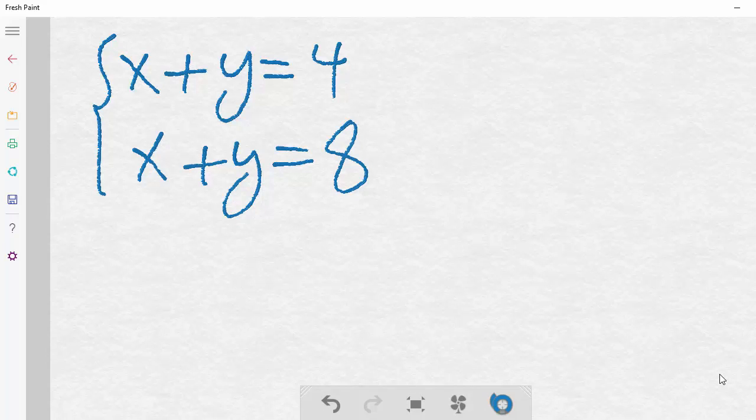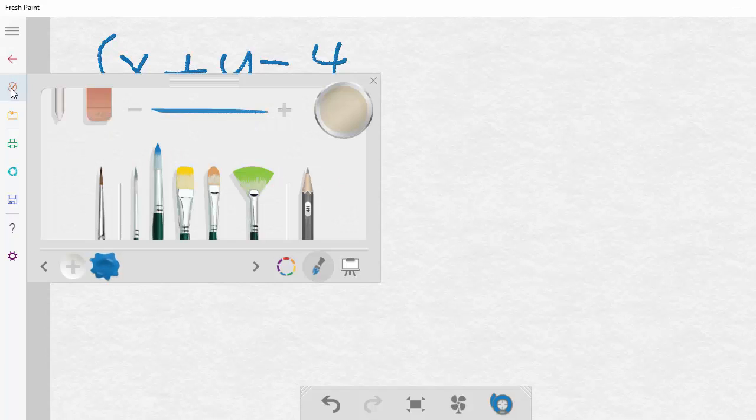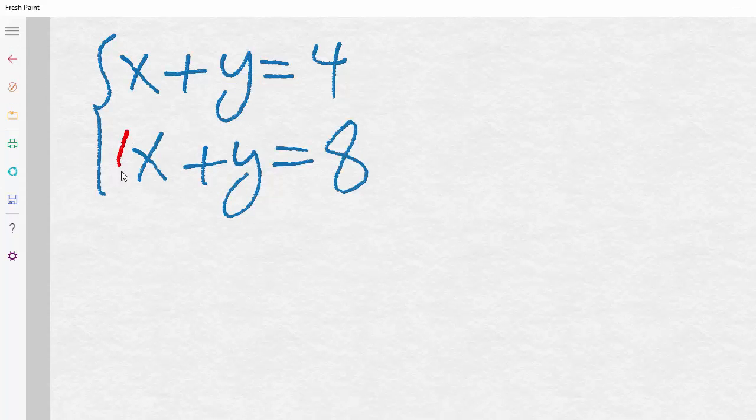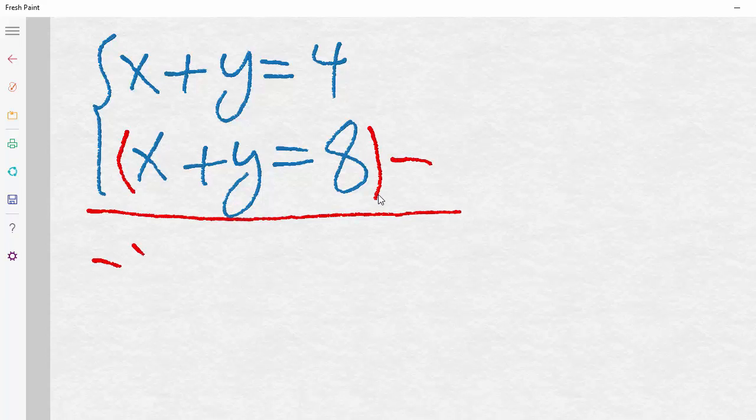I will use elimination. Let's eliminate x. If I multiply one of the equations by negative 1, I can eliminate x, or get rid of x. So let's do that. I will multiply this one by a negative, so I will get a negative x.